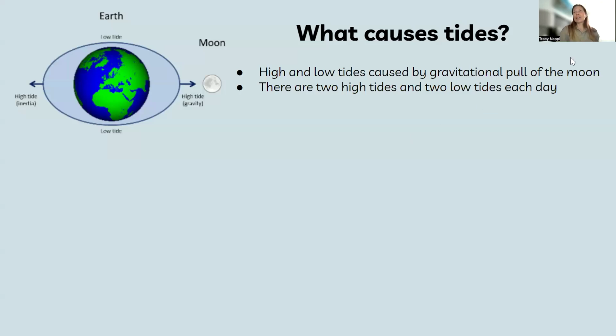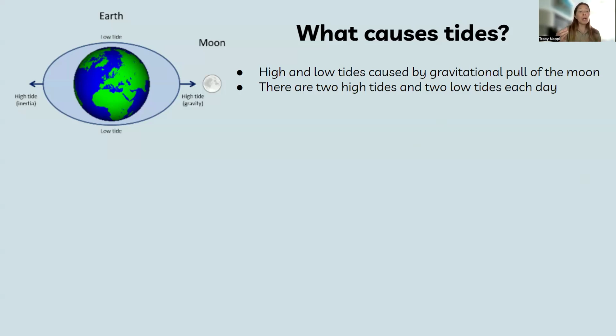We are going to start by just learning a little bit about what causes tides. Most of you are probably familiar with this, but it's always a good refresher. So you'll see this graphic up top that is explaining what causes these tides. The moon's gravitational force causes Earth and its oceans to bulge out on the side closest to and farthest from the moon, which I know is a little bit of an odd concept.